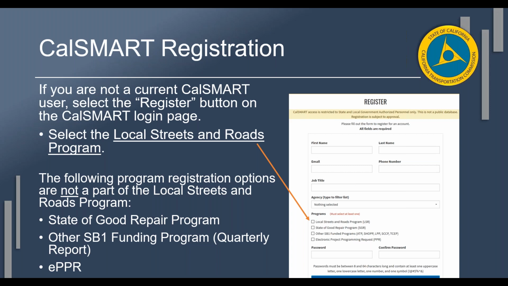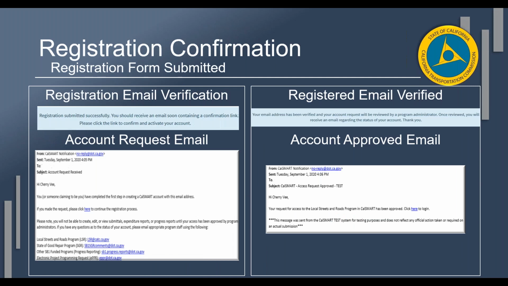And then it shows you the password that you have to confirm. Make sure that you're using the right, eligible symbols for the password. Then you're going to hit submit. Your registration email verification is an account request email. You need to make sure that you do not ignore this, that it doesn't go to spam, and you hit the please click here to complete the registration process.